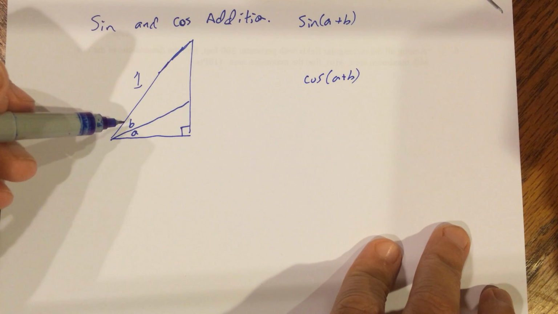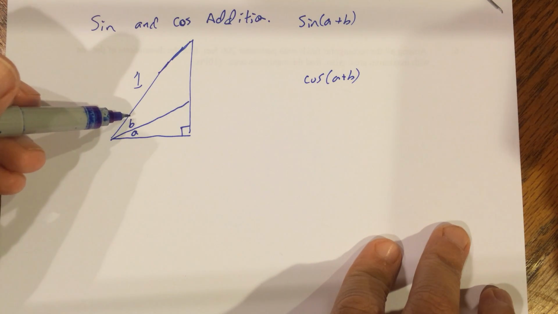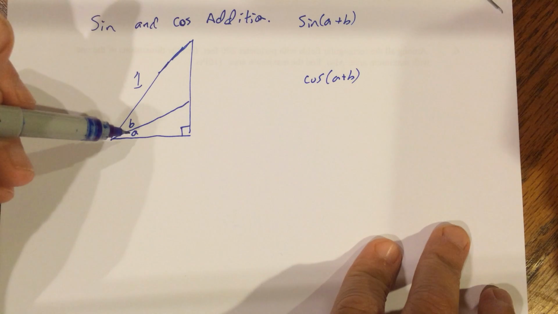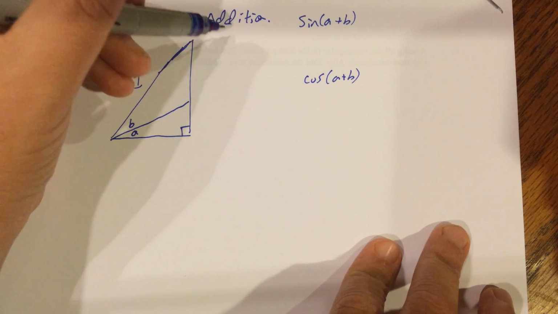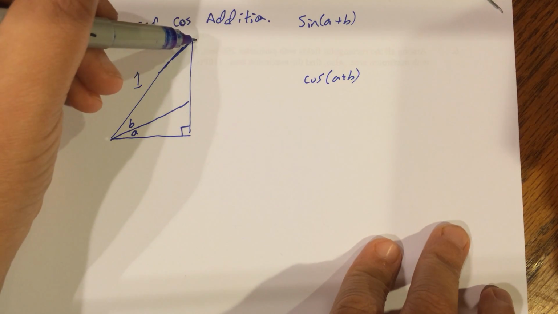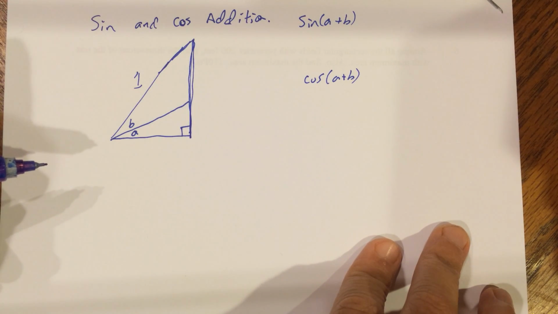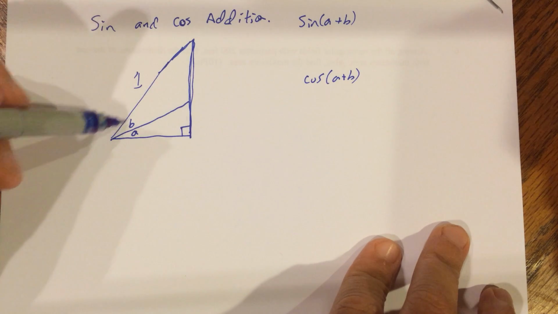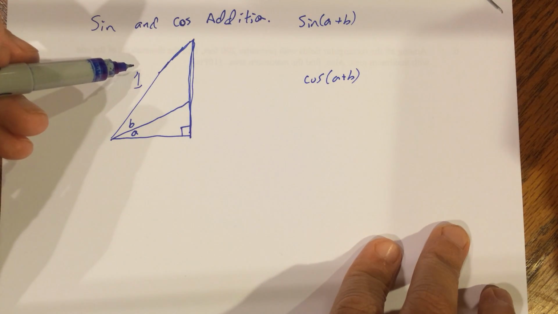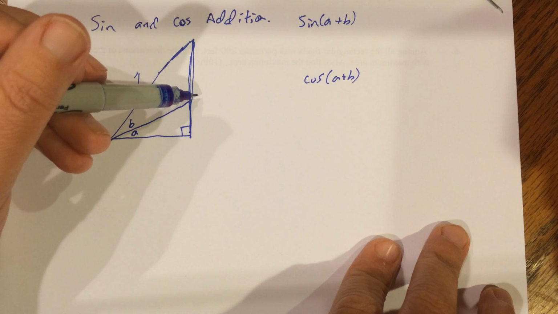And therefore, my A plus B has a right angle. So my sine of A plus B should really be this over 1, since sine of A plus B would be opposite over hypotenuse, and the hypotenuse is 1. Sine of A plus B is just going to be the opposite.